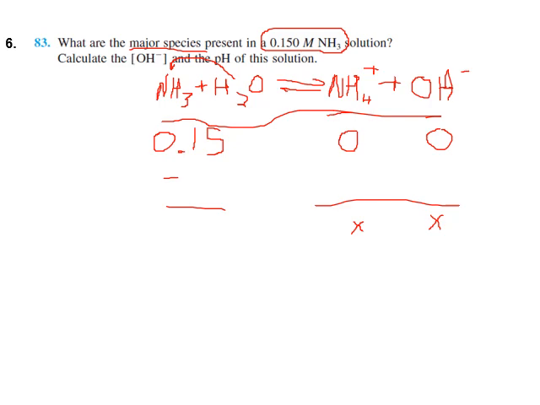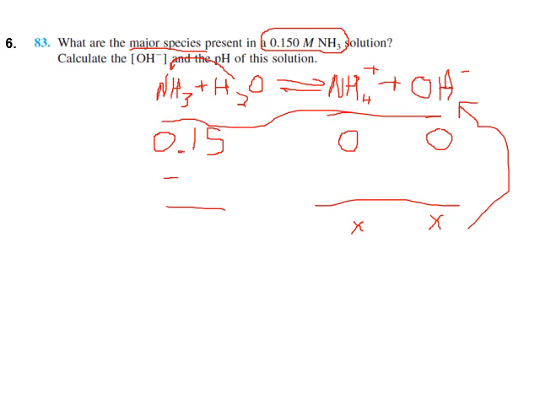Calculate the OH minus concentration, which is what we'll have when we get the X, because that's one of the things that the X represents. Also, if X represents the OH minus concentration, then if we take minus the log of that, we have a pOH. But then we have to subtract that from 14 to get the pH.